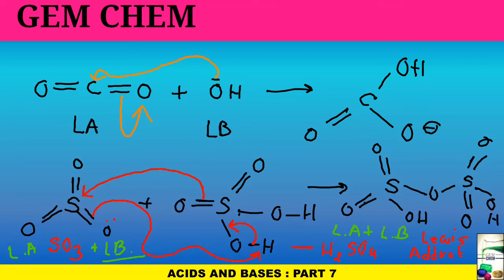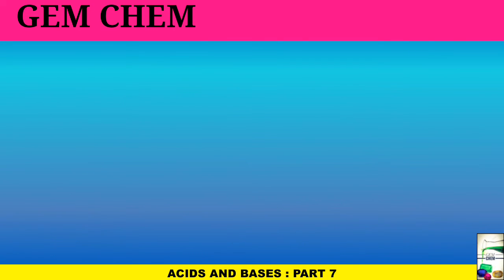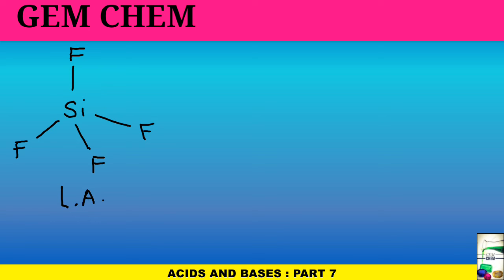Now we will answer the next question, that is SiCl4 cannot behave as Lewis acid towards Cl minus, but SiF4 can act as Lewis acid towards F minus. So if we try to draw the reaction, which is most important in this case, SiF4 looks like this, and we have seen in the question that it acts as Lewis acid, and we have 2F minus which is acting as Lewis base, right?